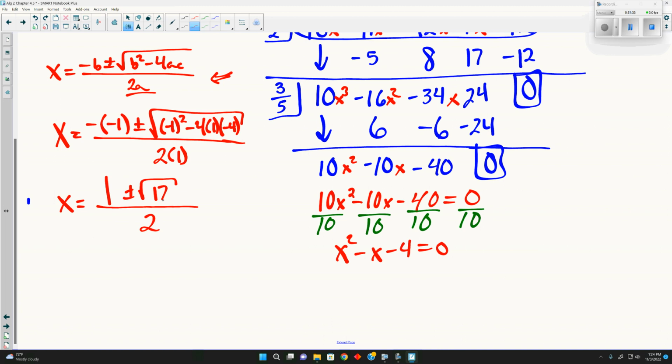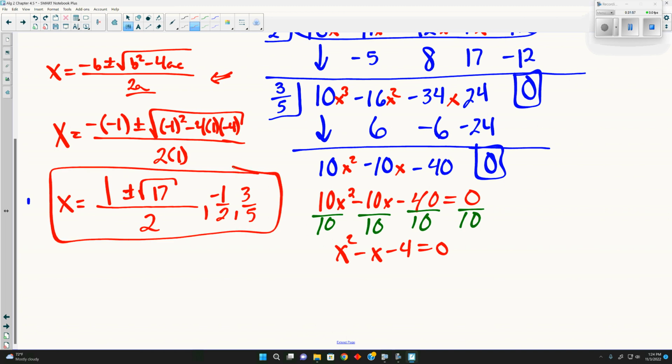And we can plug this into the yellow calculator, our 30xs, and if we plug in the square root of 17, it's going to tell us that it's the square root of 17. Square root of 17 doesn't simplify. And how many solutions do we have here? 2. So I have 1 plus or minus square root of 17 over 2, and negative 1/2.